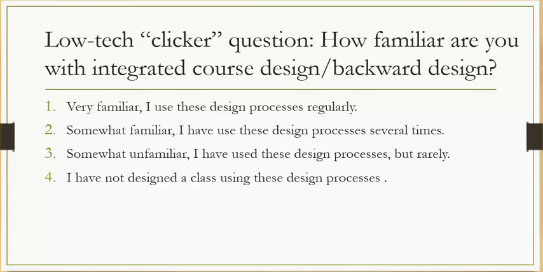When we were in our group, we used a low-tech clicker question where the attendees could simply show me using their fingers which one of these statements best applied to them, and you of course can do that yourself. But in the classroom, it's very simple to have students respond to questions using this 1, 2, 3, 4, or 5 format.